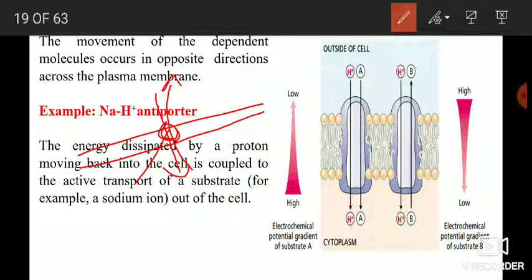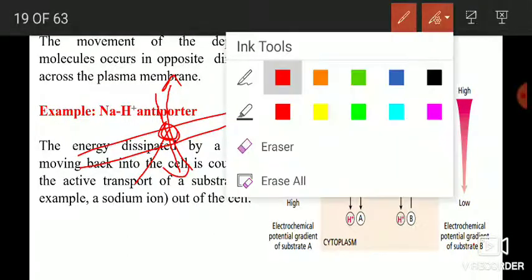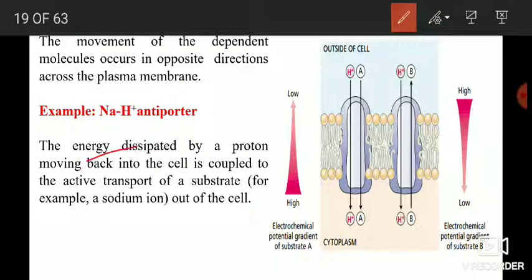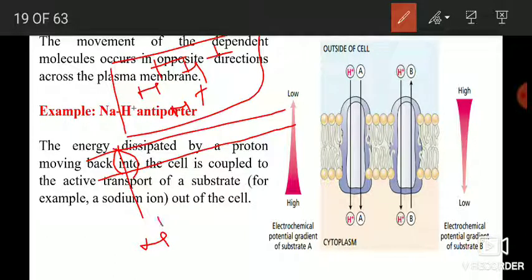In the sodium hydrogen antiport, what happens is, you can see this is the plasma membrane of the cell. You have here a higher concentration of H positive ions, which has been created as a consequence of H positive ATPase induced extrusion of H positive ions from the inner side of the cell to the outer side of the cell.